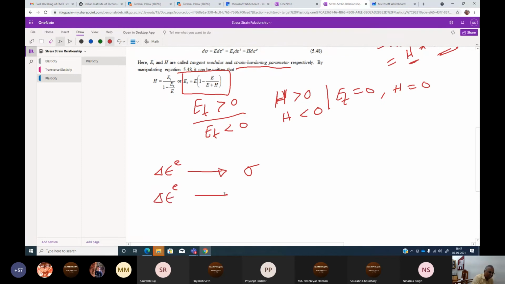And this one, plastic strain P, changes E. It changes the elastic properties of that rock or any other material. So the plastic strain increment changes the property of the material completely.